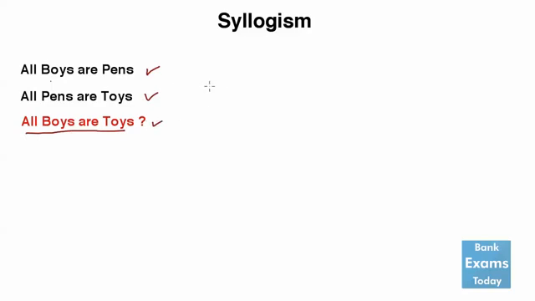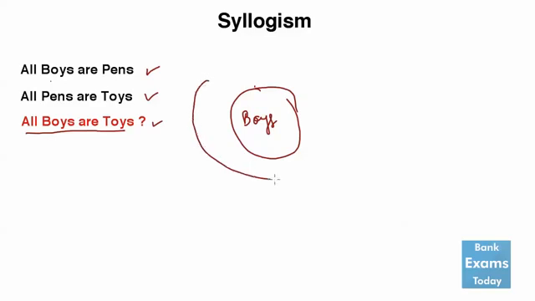So we will solve this question using the circle method. We will draw the circle for each of the statements and then find the conclusion. First of all, this is the circle. All the boys are pens.